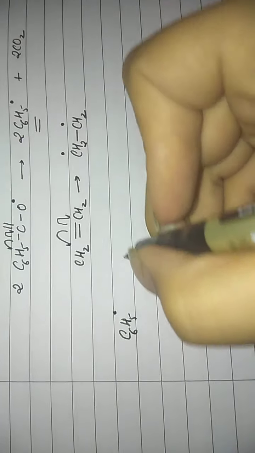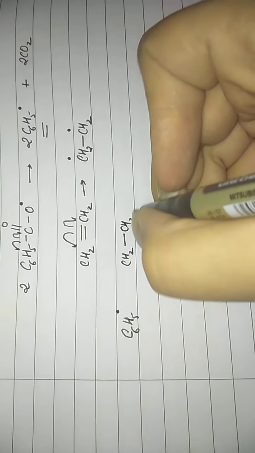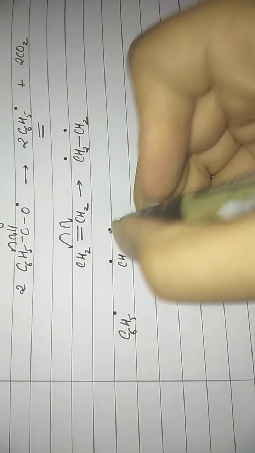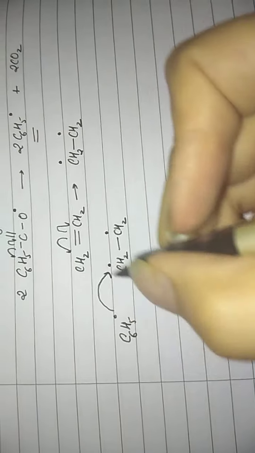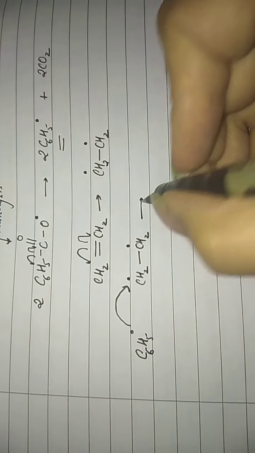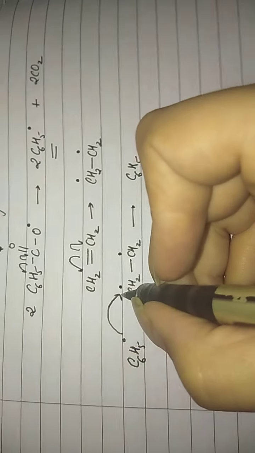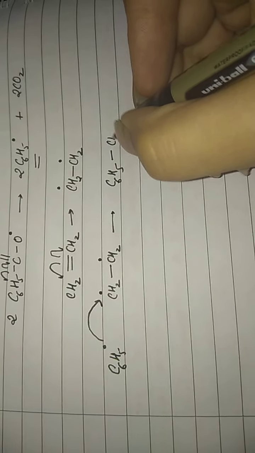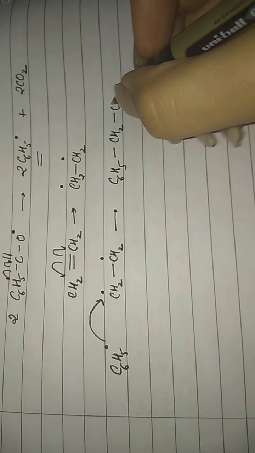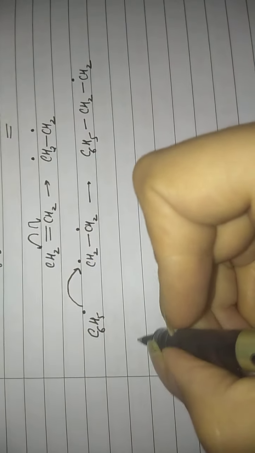C6H5 radical, CH2, CH2, and you have 2 free radicals over here. So this attacks on this, thus giving you C6H5. Now this free electron and this free electron form a bond between C6H5 and CH2, and the rest remains the same. This process repeats itself again.